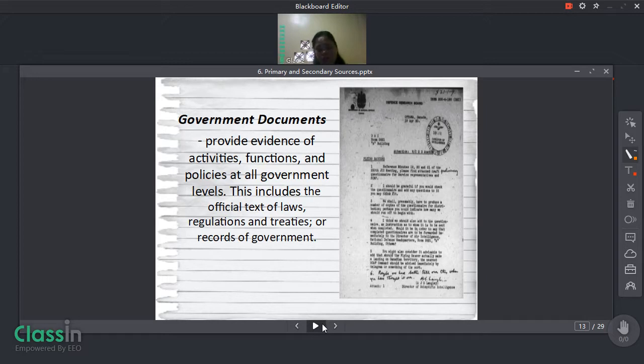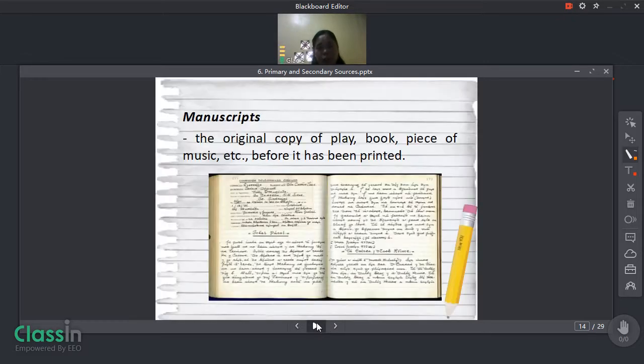The title of your land or the tax declaration is also a primary source of information. And then we have the manuscript. If you compose a song, since it's your own composition, it will be considered a primary source of information.